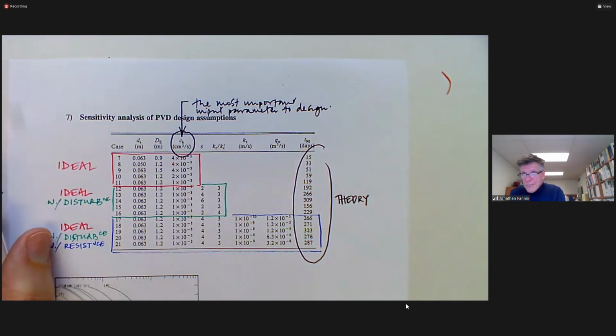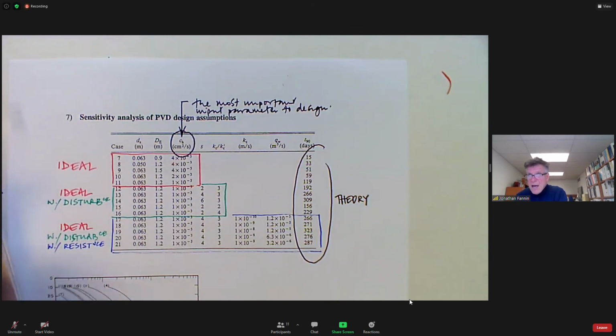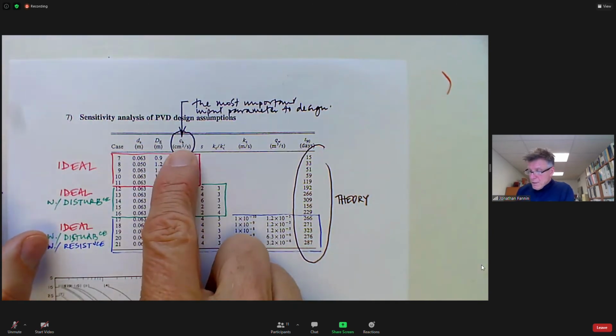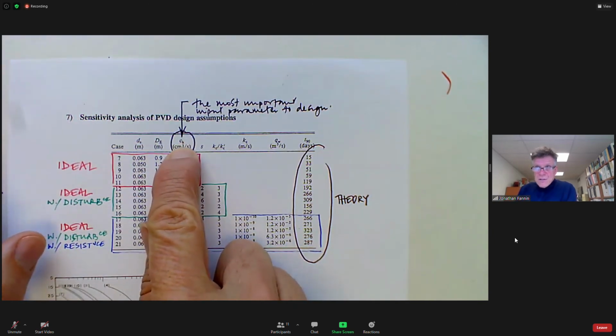We have design tools, decision support tools that are long-standing. They come out of Barron's work on circular drains that were sand. They've been transported into prefabricated vertical drains with assumptions of equivalency. Hansbo's equations allow us to do a sensitivity analysis. And if we do it for the Vernon embankment, the key input parameter is C sub H.